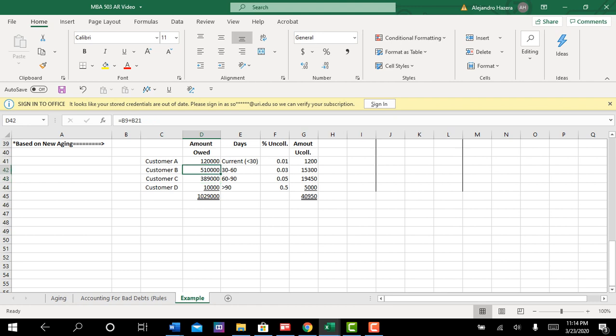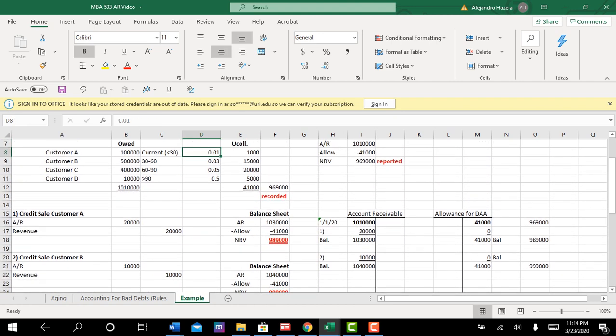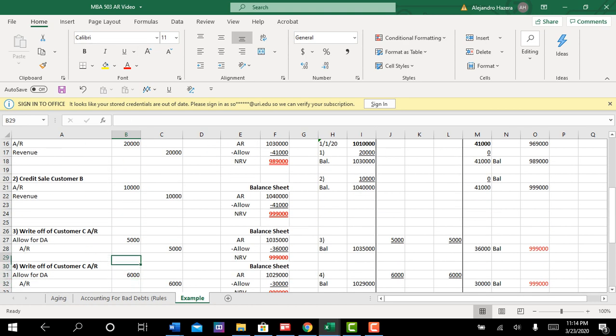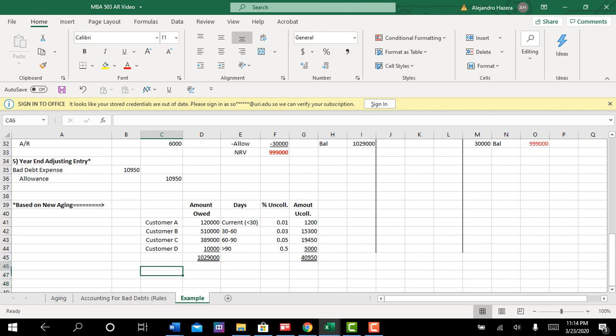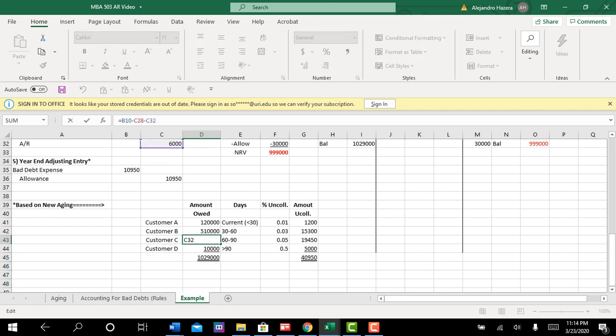I'm going to go back and show you. Customer C originally owed $400,000 of accounts receivable right there. But then we wrote off $5,000 there and $6,000 right there. So customer C now owes us $400,000 minus 11, or those two, that equation right there. It's $400,000 minus write-off of 5 minus write-off of 6 gives you $389,000.